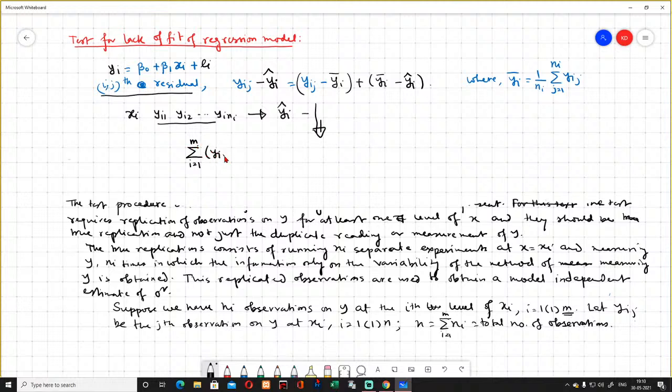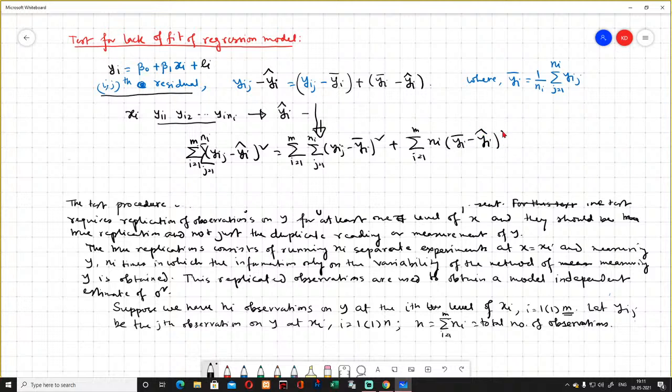So sum of yij minus yi hat whole square, sum over j from 1 to ni, this is equal to sum over i from 1 to m, j from 1 to ni, yij minus yi bar whole square, plus sum over i from 1 to m of ni times yi bar minus yi hat whole square, and you can check that the cross product term vanishes.